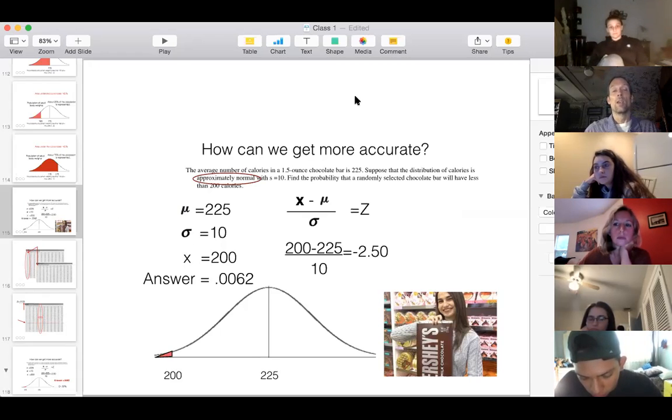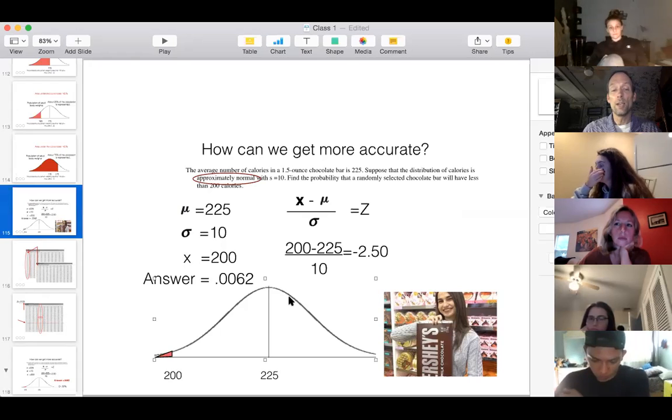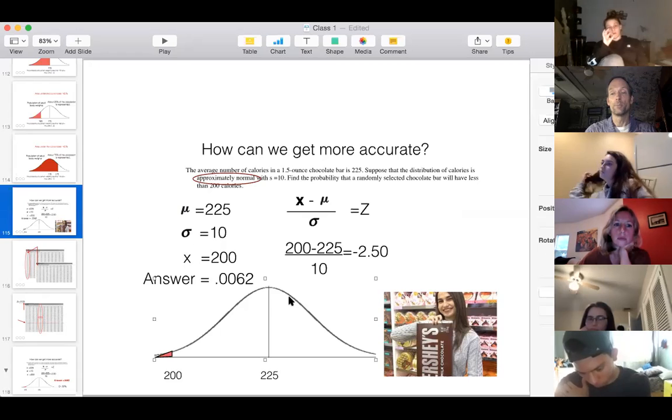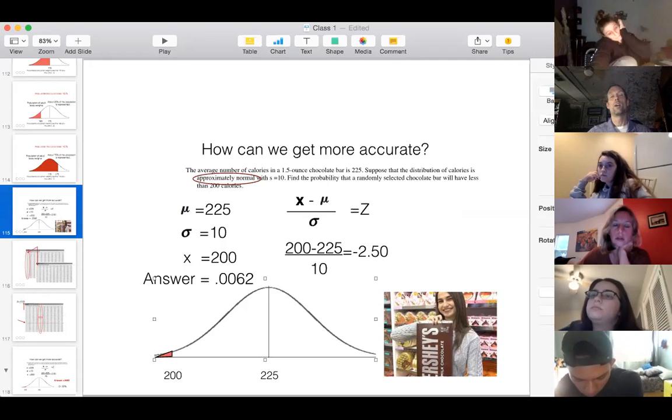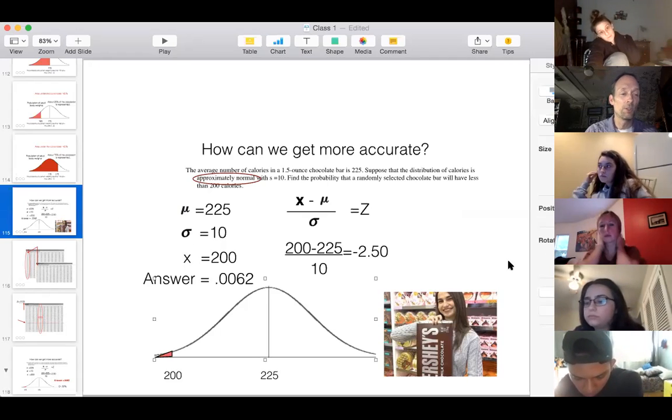Okay, so our biggest takeaway so far, when we're thinking about the normal distribution, everyone, how much area is under that normal distribution curve? Just shout it right on out. 100% area. All right, outstanding, 100%.